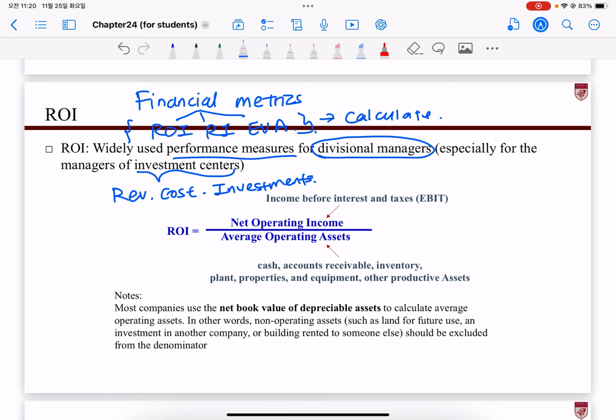So in order to evaluate how profitable the investment is, you can do the ROI test. There are many ways to evaluate ROI, but let's just fix that our ROI is going to be based on net operating income over the average operating assets.